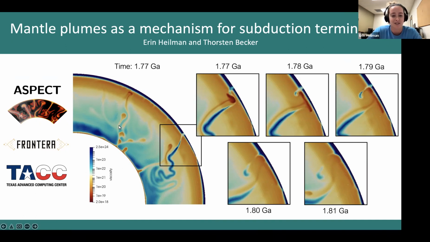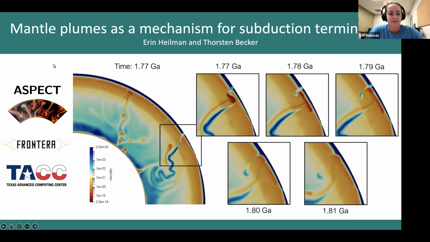I saw the main figure for the paper, showing this subduction termination from a mantle plume. I just saw it in my models and I thought, that's interesting. Then I showed it to Thorsten, my advisor, and he's like, oh yeah, that's really interesting. So it just kind of popped up out of nowhere. But I'm going to tell you a little bit about it today.